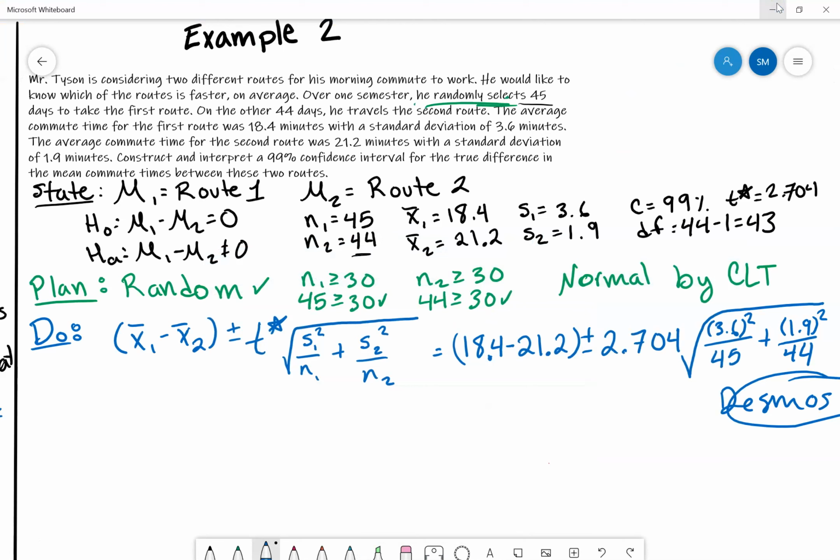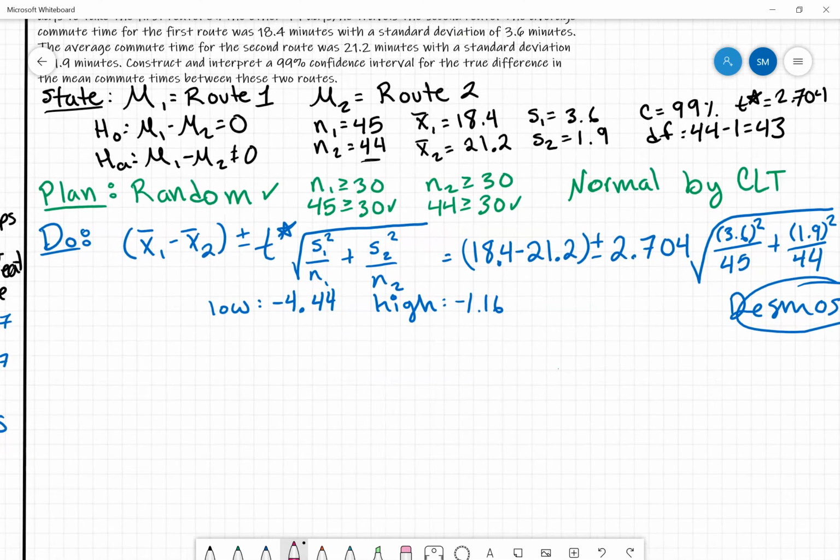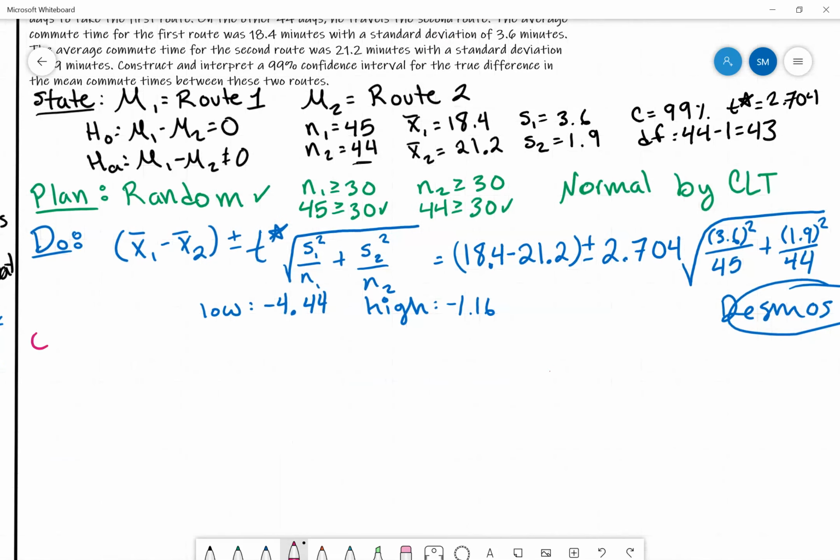So the low number is negative 4.44, and the high number is negative 1.16. So this is saying that route 1 is going to be anywhere between 4 to 1 minutes faster than route 2. So we have to put that into our conclusion.